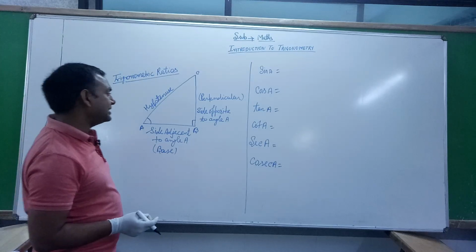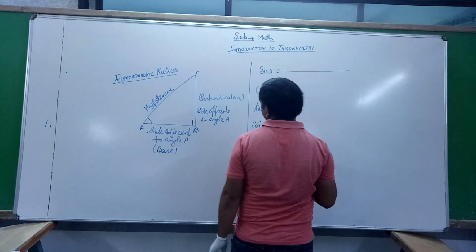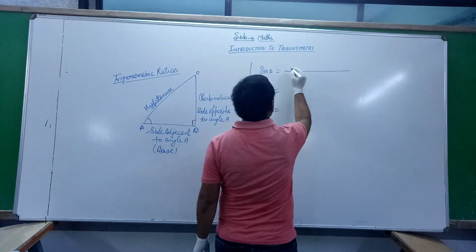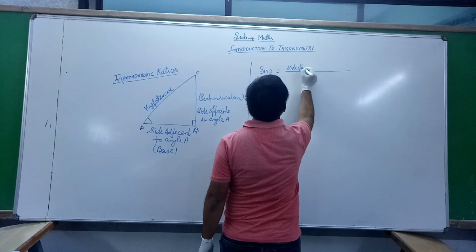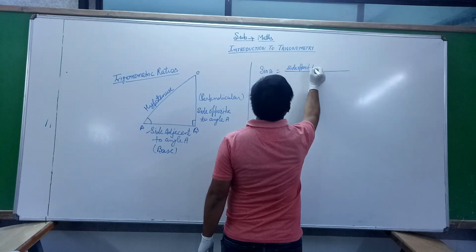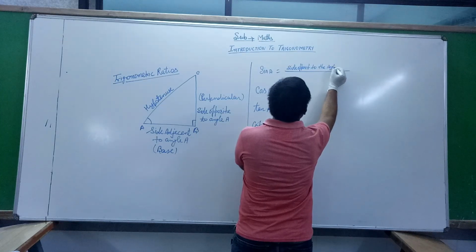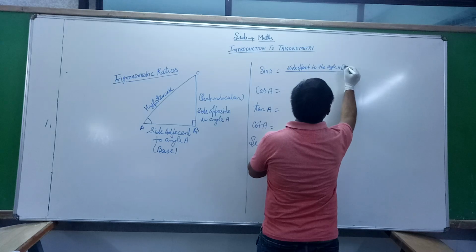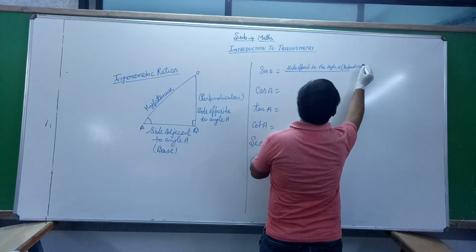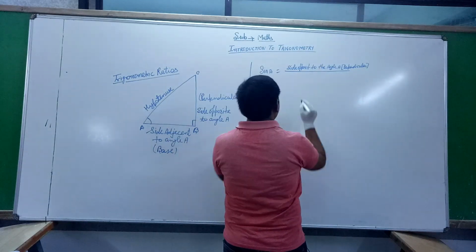Sin A means the side opposite to the angle A, which is known as perpendicular, upon the hypotenuse.